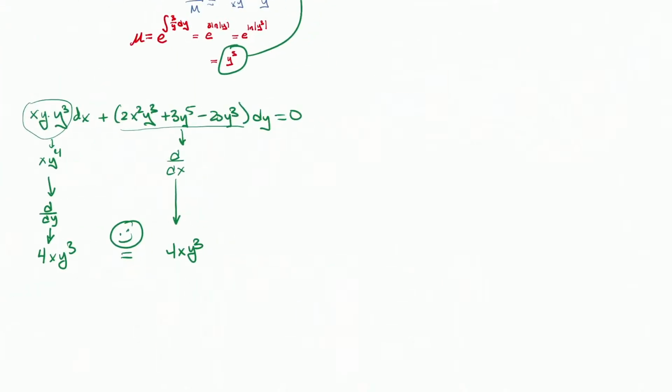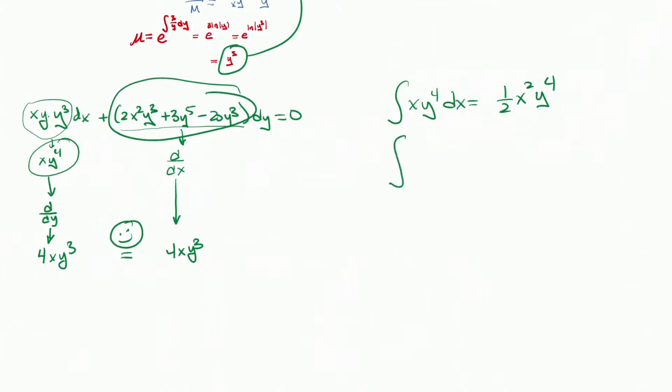I need to do the integral of this with respect to x. So the first thing with respect to x, I'll just do it to save time if that's okay. And then I do the integral of this one with respect to y, 2x squared y cubed plus 3y fifth minus 20y cubed with respect to y.